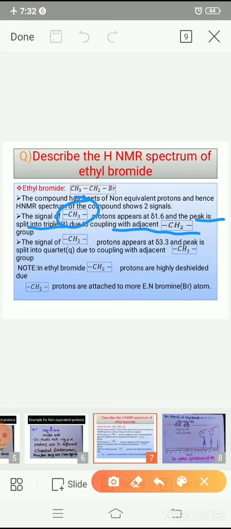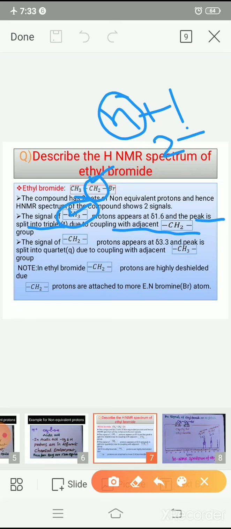Because these 3 protons are coupling with the adjacent CH2 protons. These 2 protons are there. So by the n plus 1 rule, n is the number of neighboring protons. Neighboring protons are 2, plus 1, 3. Totally, so triplet.